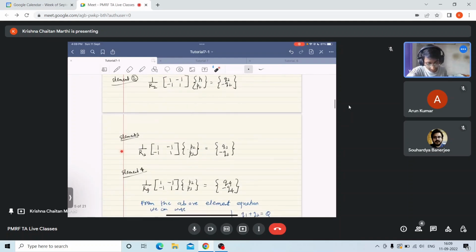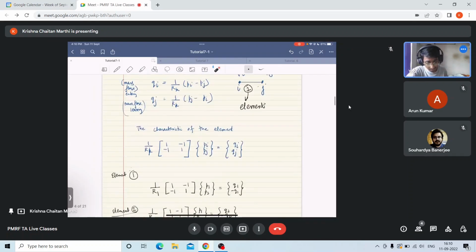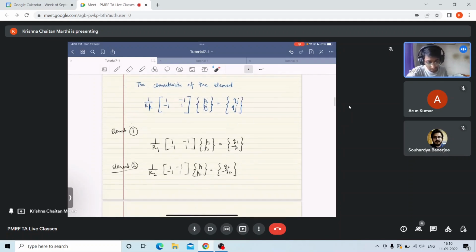For element 3 I can write 1 by r3 times [1 -1; -1 1] times [p2 p3] equal to [q3 -q3]. For element 4 I can write 1 by r4 times [1 -1; -1 1] times [p2 p3], which is equal to [q4 -q4]. So I have written this characteristic expression for each element.